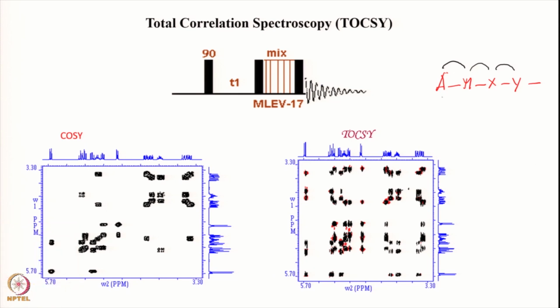In the TOCSY spectrum I see this, and I also see this, all the three. So from A I will see a cross peak to M, then to X and also to Y. Although there is no coupling between A and X, there is no coupling between A and Y, I still see a cross peak from A to M and A to X and A to Y.